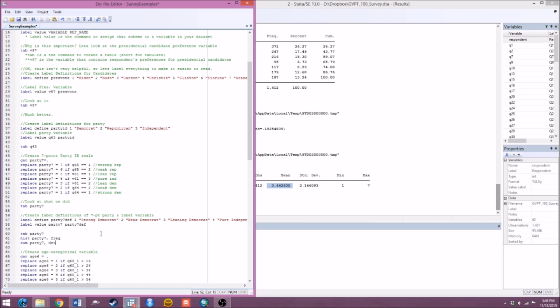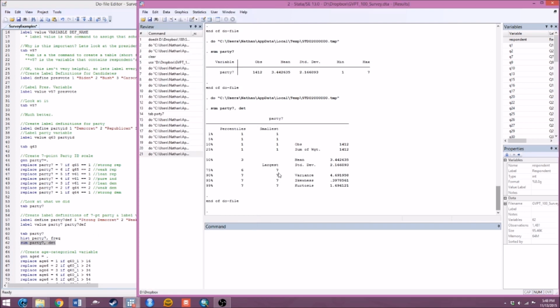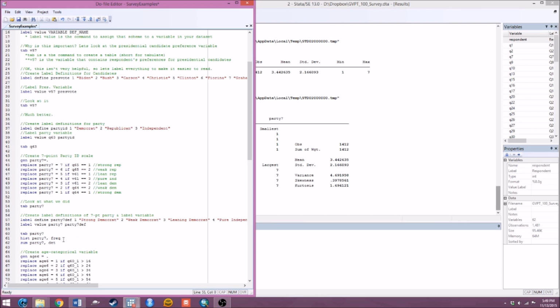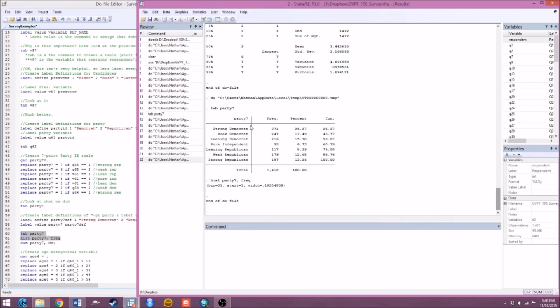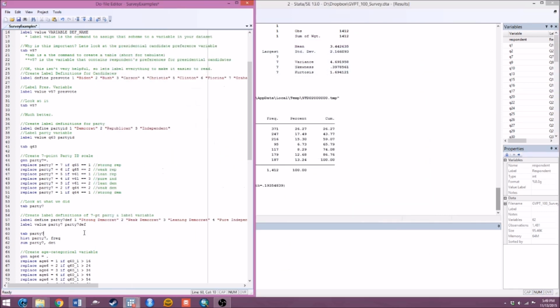We can break it out a little further and look at the details. But again, for something like a categorical variable, it doesn't really tell us a whole lot. So probably stick to your tables here and your histograms for something like this. But still, not unuseful.